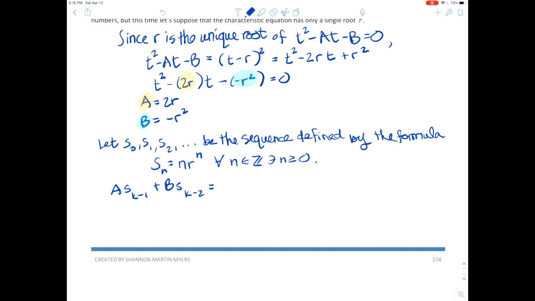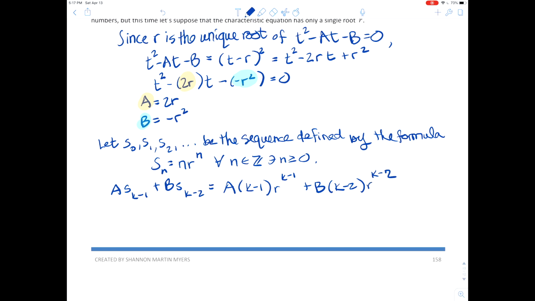Well, if we plug in k minus 1, what would happen? We'd have a times k minus 1 times r raised to the k minus 1. And then plus b, because with b we have s sub k minus 2. So we would have k minus 2 times r raised to the k minus 2.